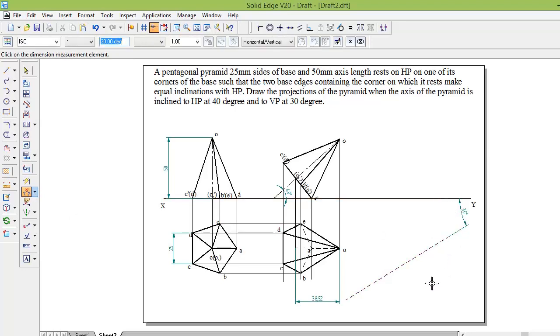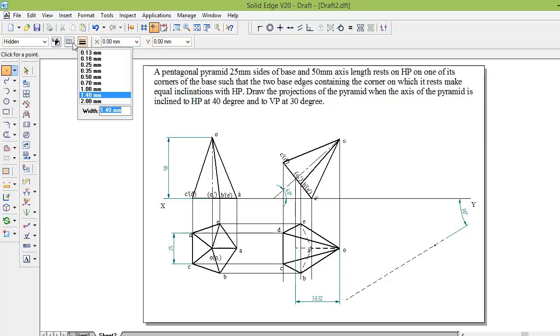So next what I will do is I will take a point. In the point section, I will take 1.4. I will draw a small point here. Okay, so this is the point I have made.